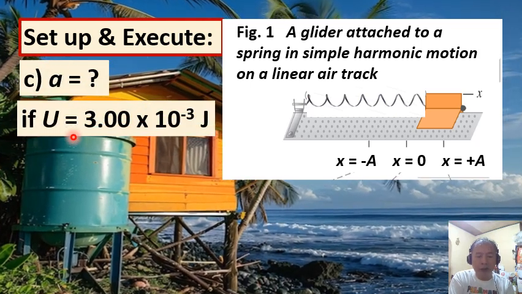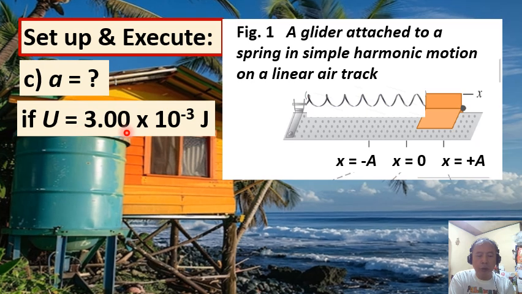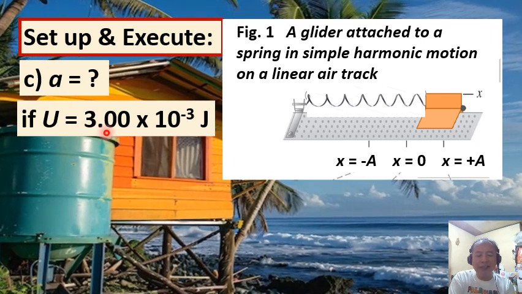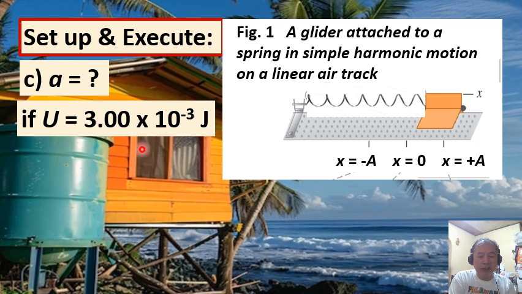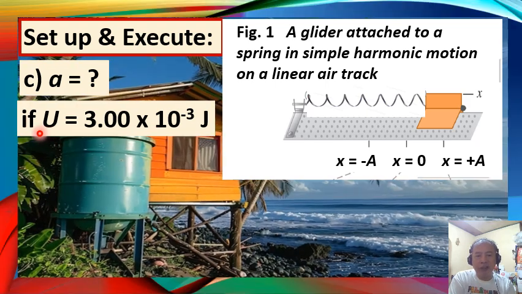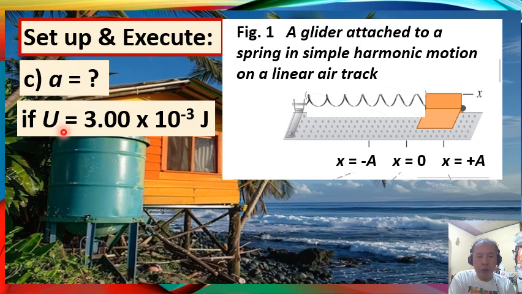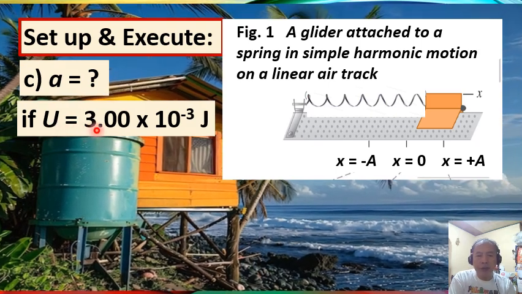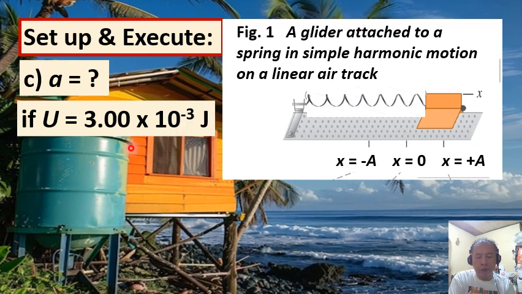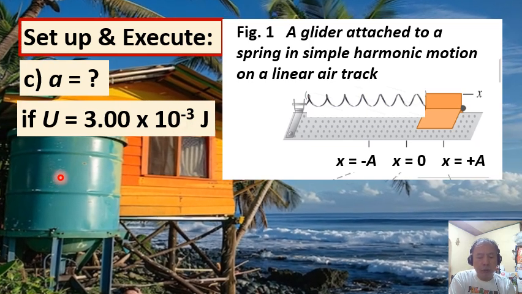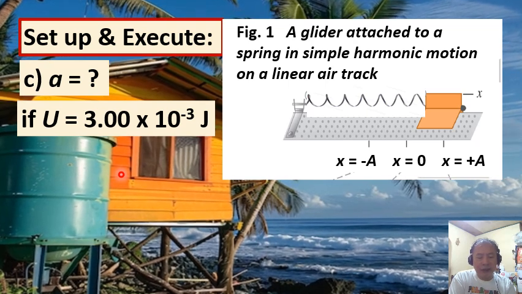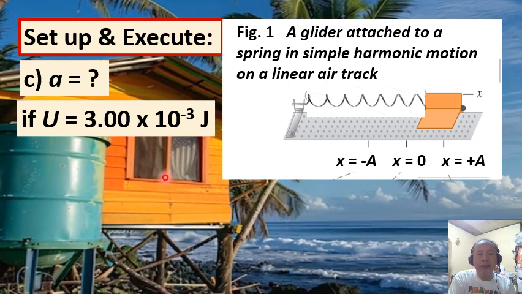In part C, we are asked to compute the acceleration of the glider at an instant when the potential energy, or elastic potential energy, capital U, equals 3.00 times 10 to the negative 3 joules. We do not know at what instant, right?